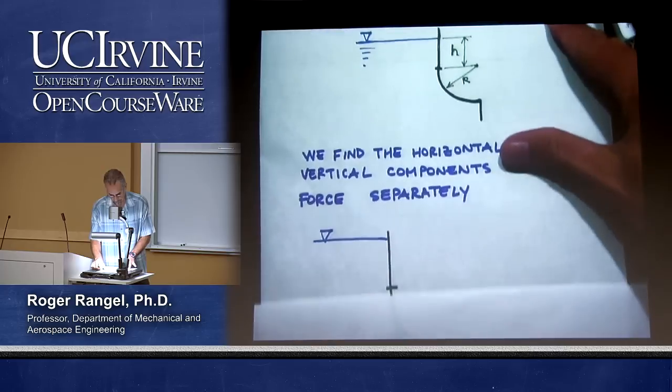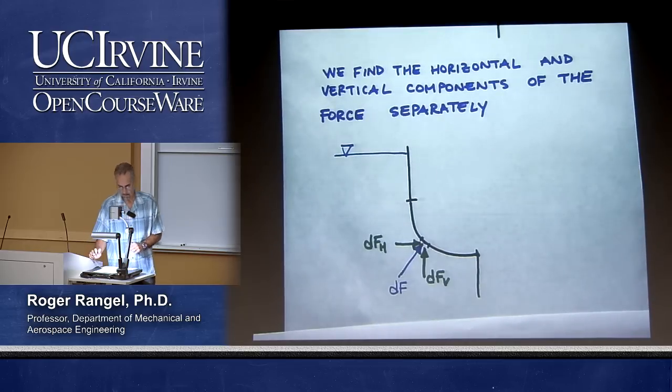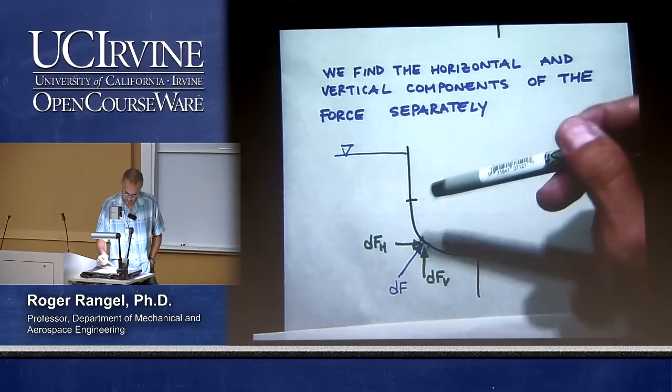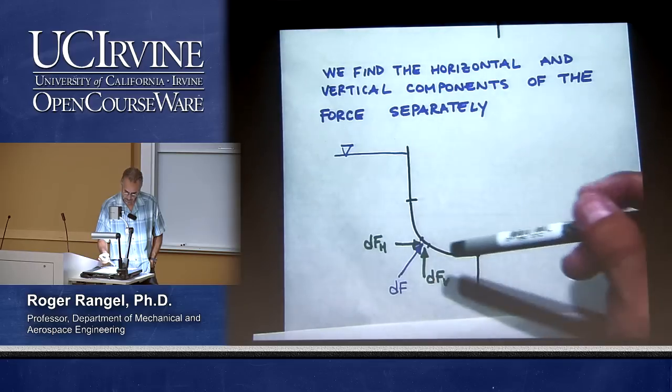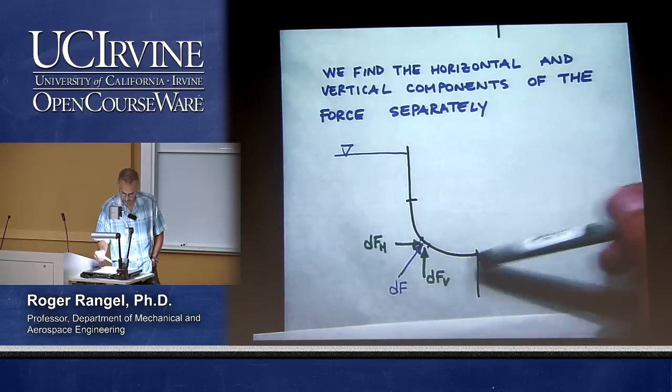So if we look at the curved surface again in a little bit more detail, obviously for me to find the total force, I will have to end up doing some integration over the entire curved surface.